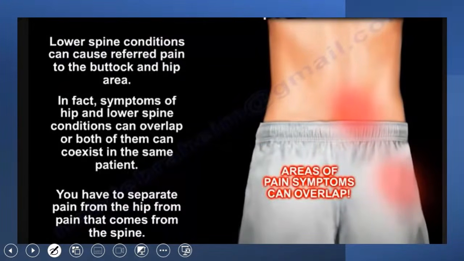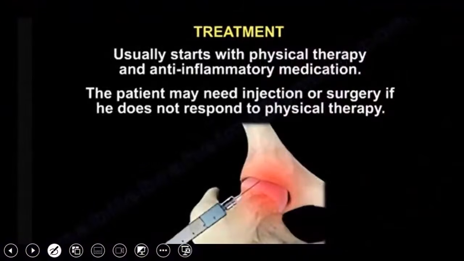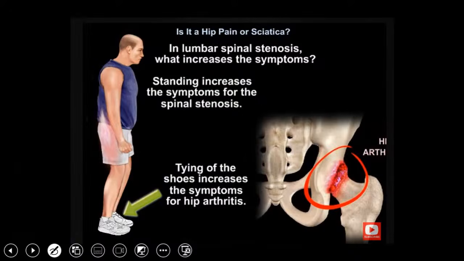The symptoms overlap in all of them. And you can see here you start with physiotherapy, anti-inflammatory medication, and everything else. And at the end, you give them an injection. But really, how do you differentiate between the two conditions?